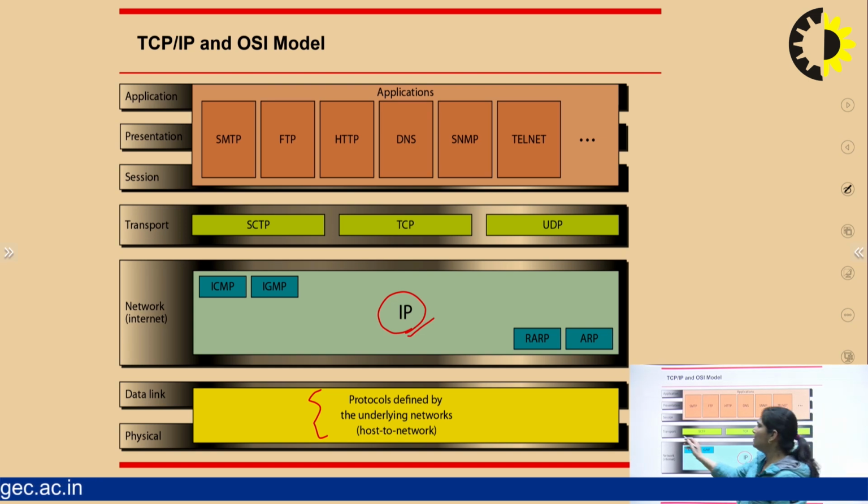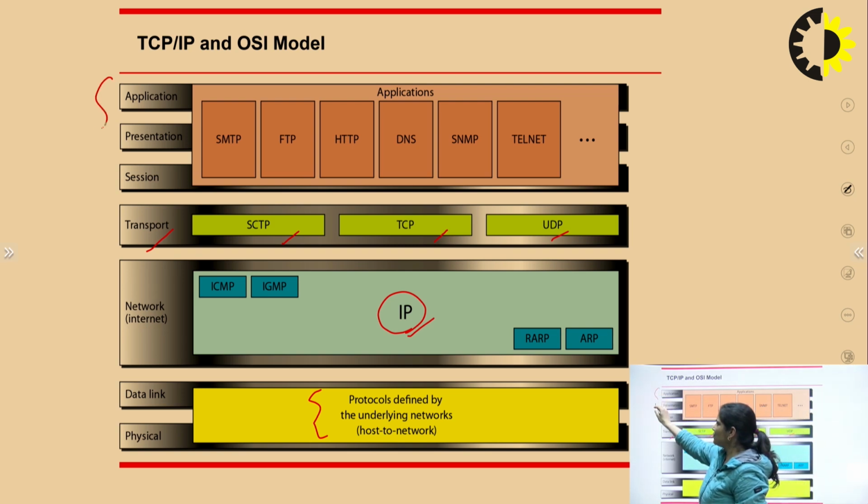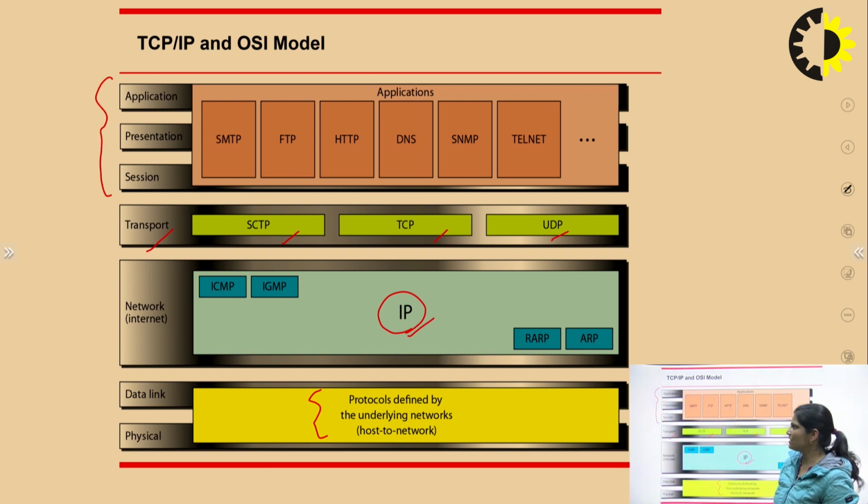Now, third one is transport layer. In the case of TCP/IP and the OSI model, this is the same. So SCTP, TCP, Transmission Control Protocol, UDP, User Datagram Protocol. These are the examples of transport layer protocols. Now, in the OSI model, 3 layers are there: application layer, presentation and session layer.